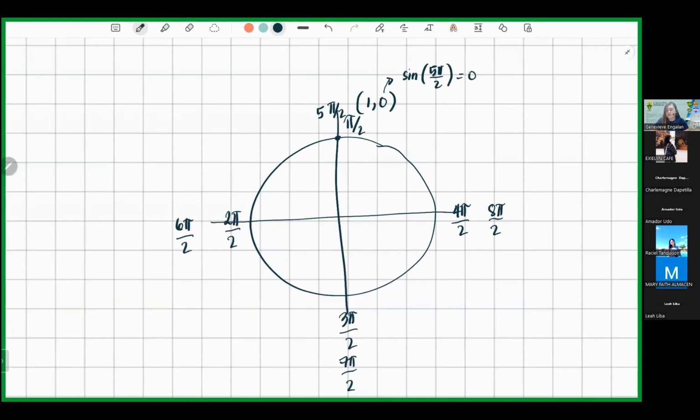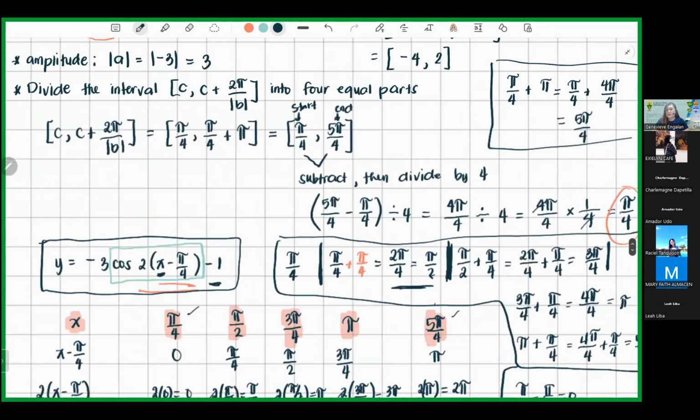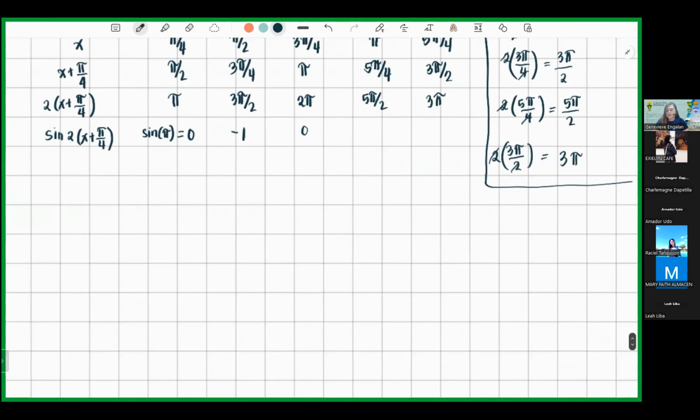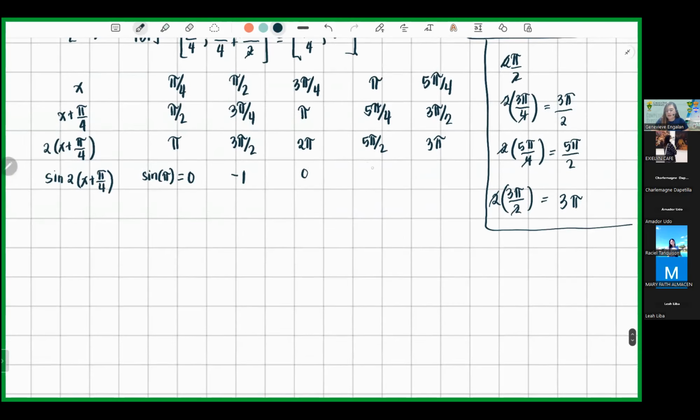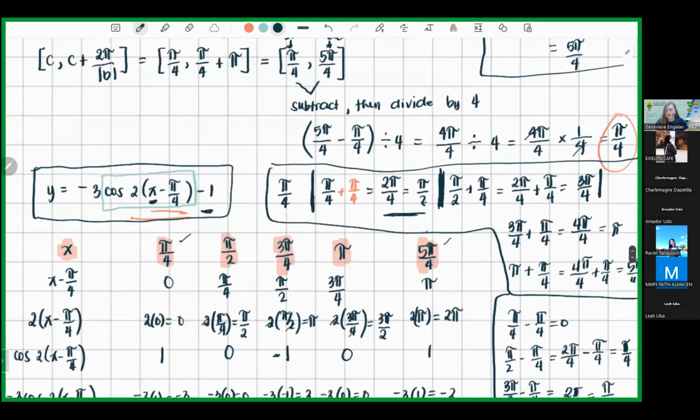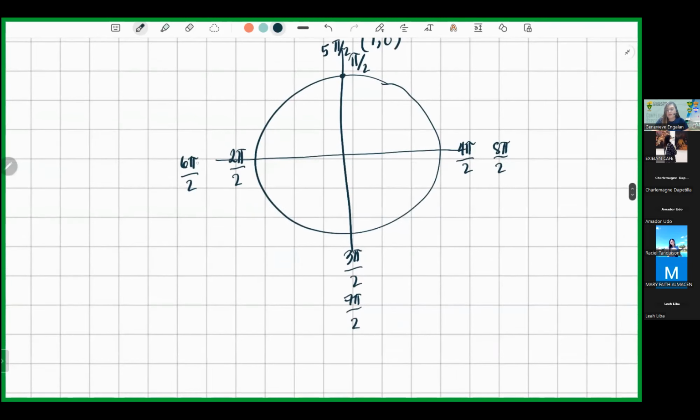Going back to our graph, this is 0. The 3 pi is the same as pi, since 6 pi over 2 is equal to 3 pi. What are the coordinates here? Negative 1, 0.